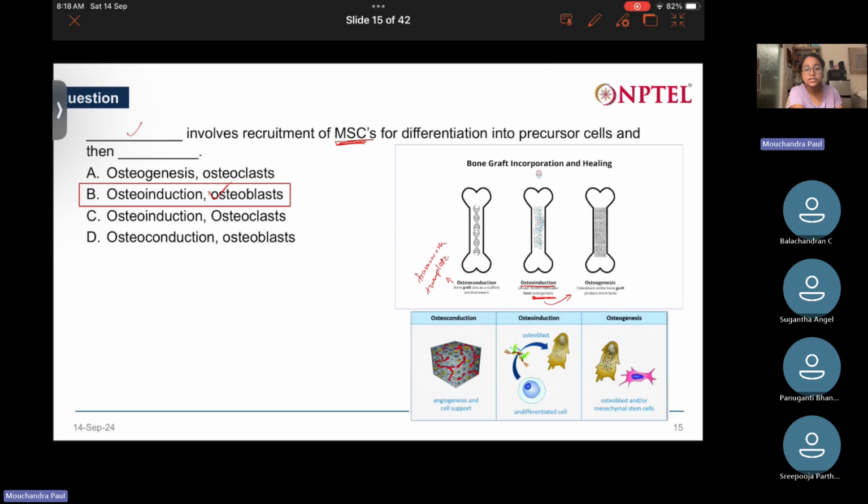If there are any queries, let me know in understanding what osteoconduction means, osteoinduction means, or osteogenesis means. Any queries? Okay. I'll assume that you have understood. If not, feel free to ask any questions. All right.